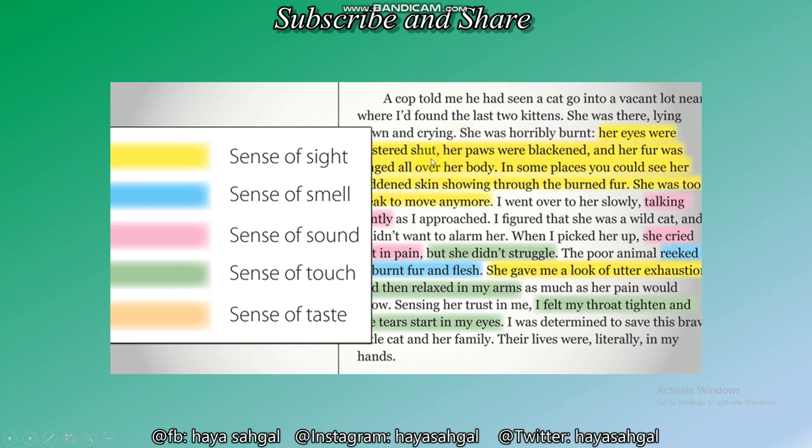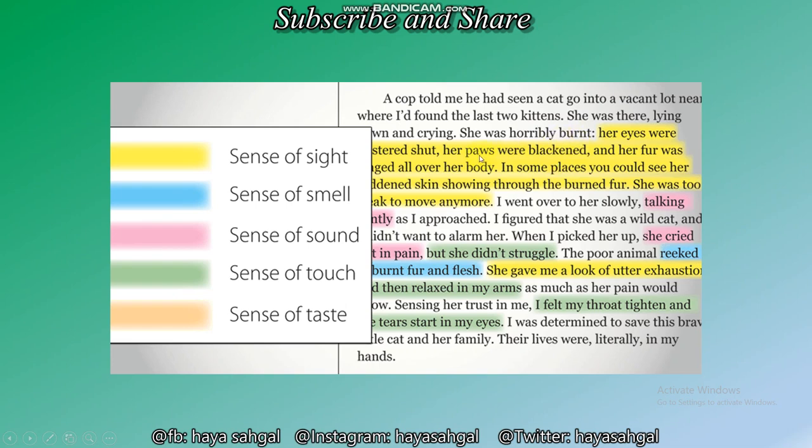Her eyes were shut. Her paws were blackened and her fur was threaded all over the body. Now let's see. Her paws were blackened. Okay, so why was blackened added over here? To clarify the condition of the paws, so the visual power can help the readers to understand how the paws will look.